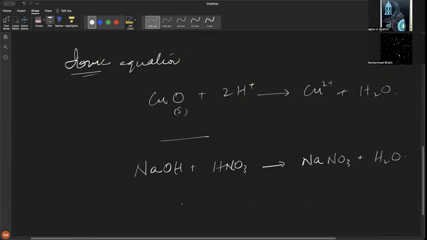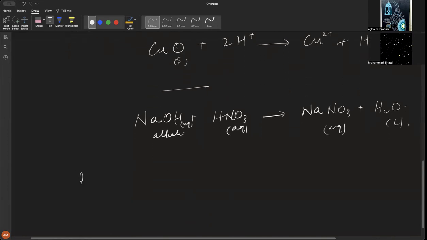Now this is very important. This is an alkali, so it is aqueous because it is soluble. The ionic equation for this reaction is OH- ion plus H+ ion gives H2O liquid.